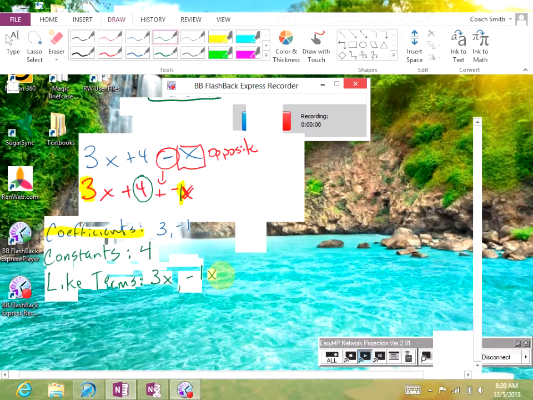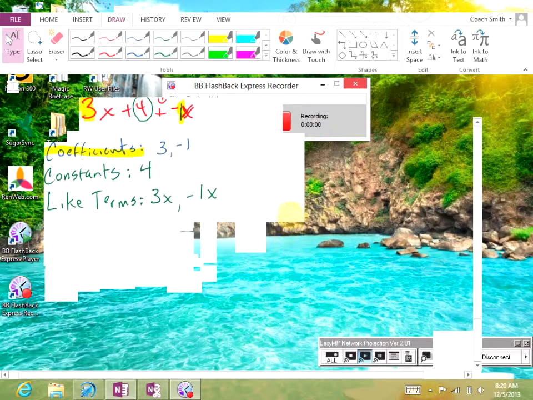Now understand that you could put negative x and it would be the same thing. I'm just putting the 1 there so we start getting in our mind that there's a 1 in front of that variable without a number. There is a part of this lesson where you're going to have to do exactly what we just did: list the coefficients, list the constants, list the like terms.